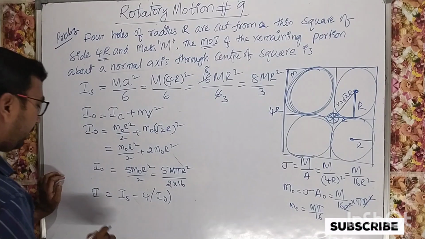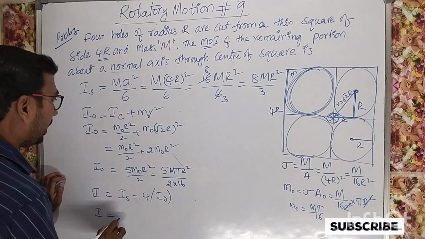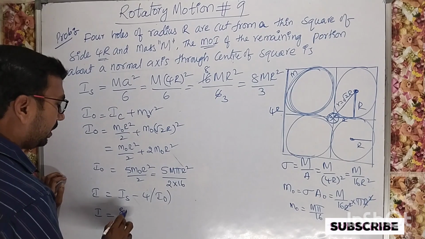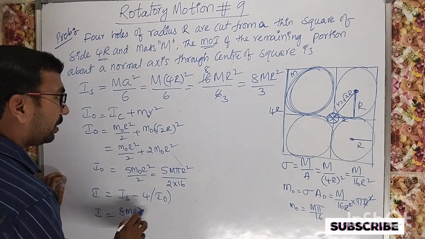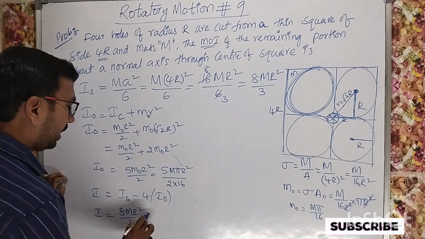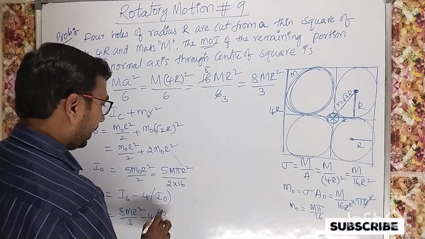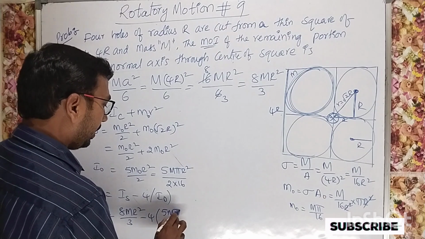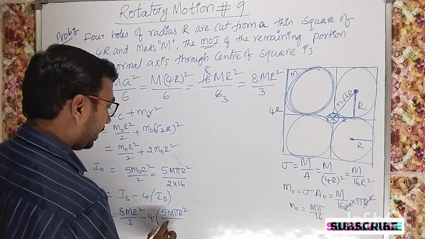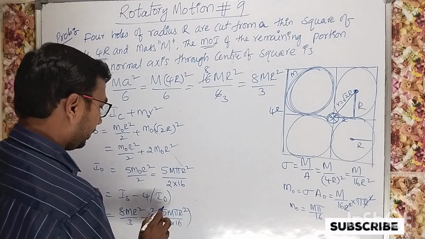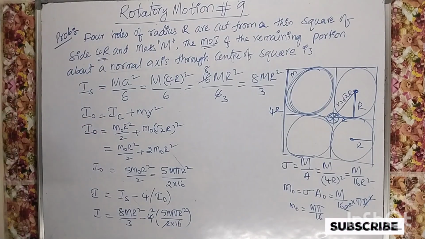So substitute the values now. I is equal to capital 8 m r square by 3 minus 4 of 5 capital M pi r square by 2 into 16. 2 cancel. Okay.